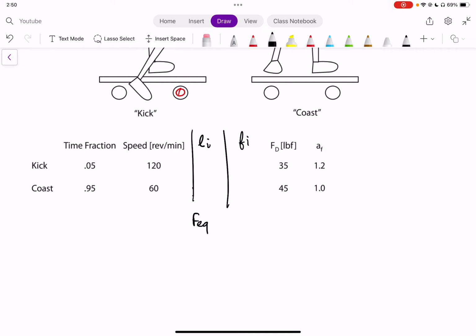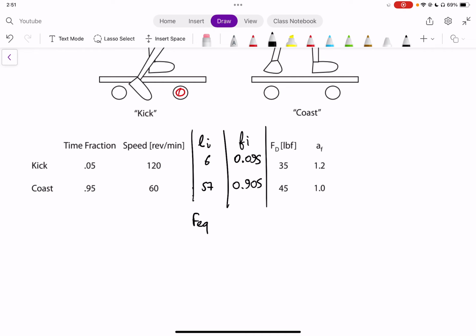Okay, so Li would be 0.05 times 120, which would be 6. Again, Li is an arbitrary number, it's just a number overall. And then 60 times 0.95 would be 57. And then if we look at it in terms of the fraction of the overall revolutions, we see that the fraction is actually 0.095 and 0.905. Again, it has to add up to 1.